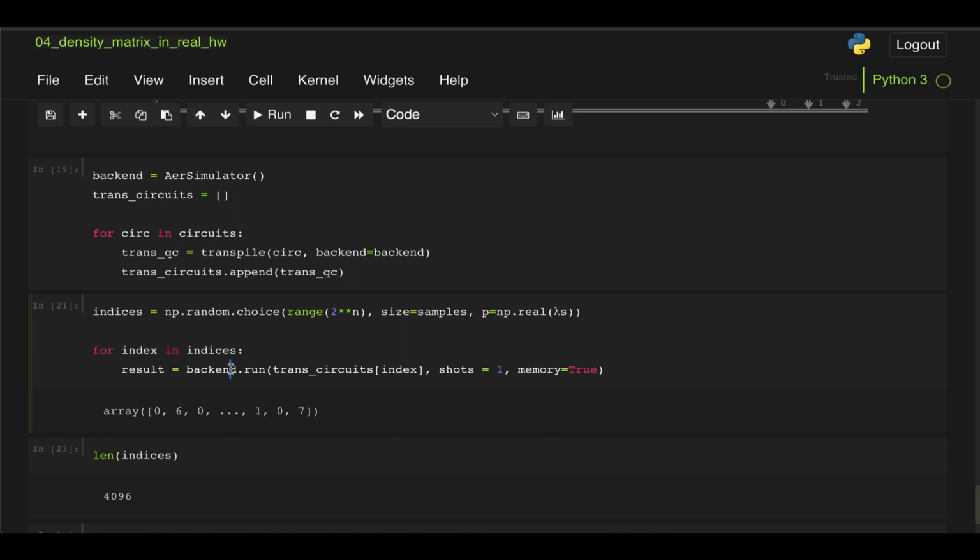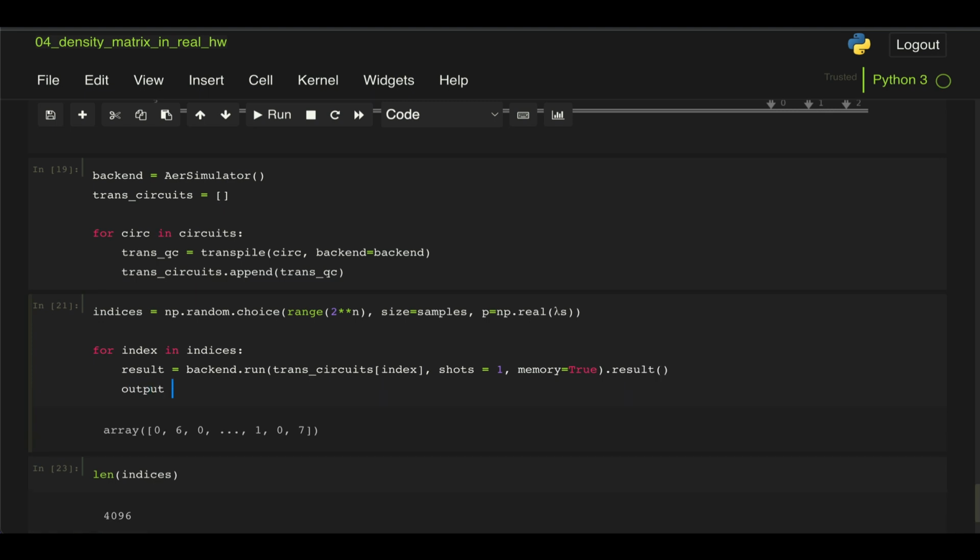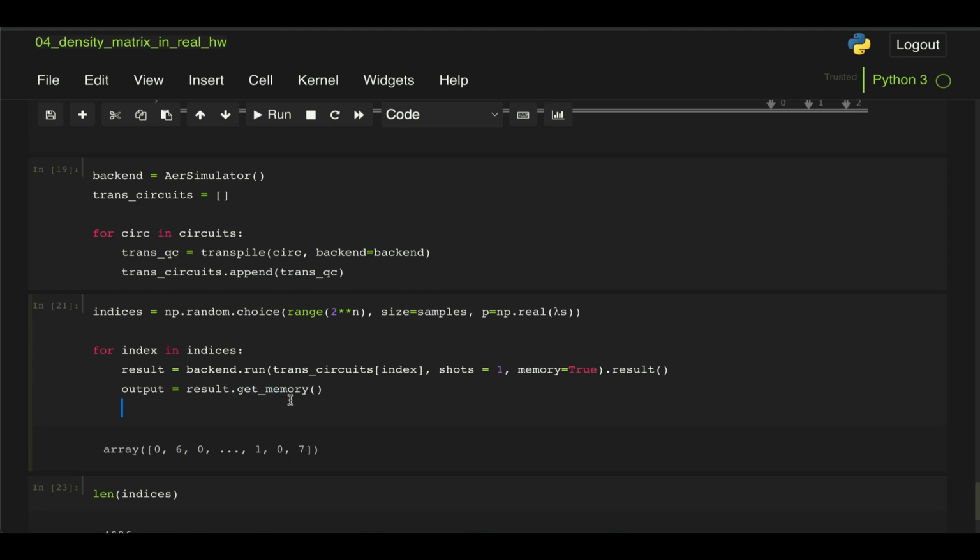But since I'm running different circuits here, what I want to do is actually get a list with each of the states we have measured. So that's what this memory allows me to do. And then here I'm going to extract the result, and then I'm going to set output equal to result.get_memory.